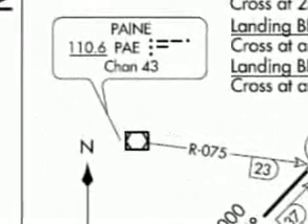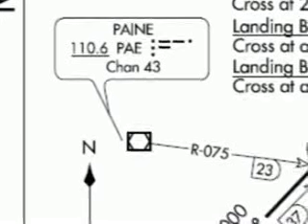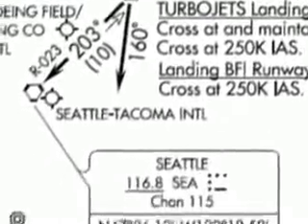Well, then your only way to navigate would be to use VORs, and this information would be crucial to you. The 23 indicates that Jackson is 23 nautical miles away from the Paine VOR on an outbound radial of 75. The 37 tells us that Jackson is 37 nautical miles away from the Seattle VOR.